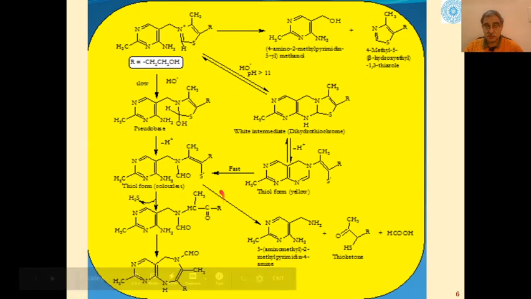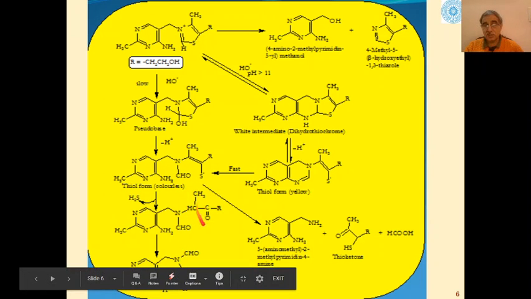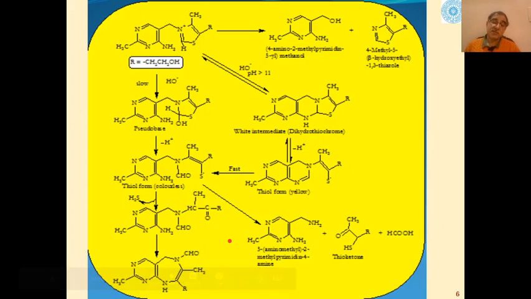So these ketones will undergo condensation reaction with this amino group, and we will get 7-membered ring compounds like this.